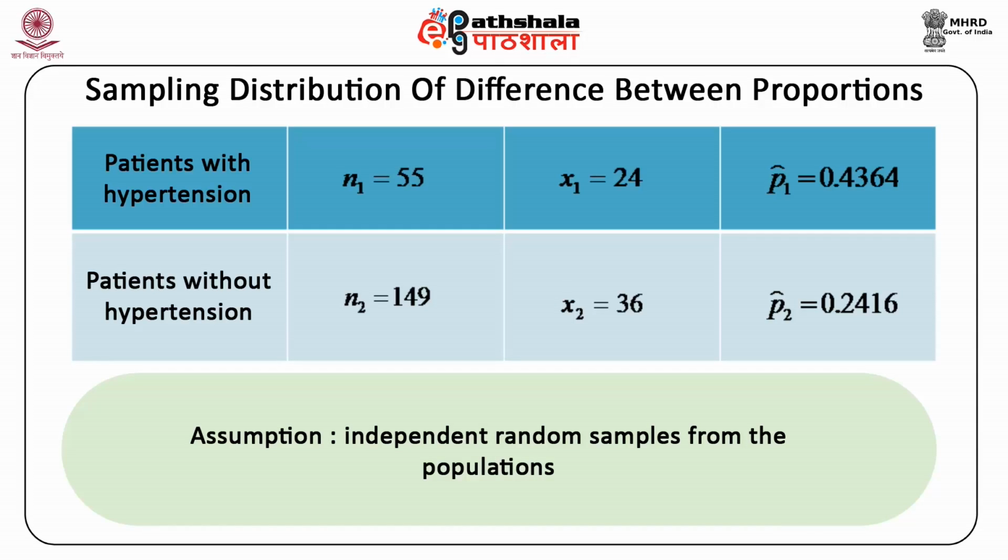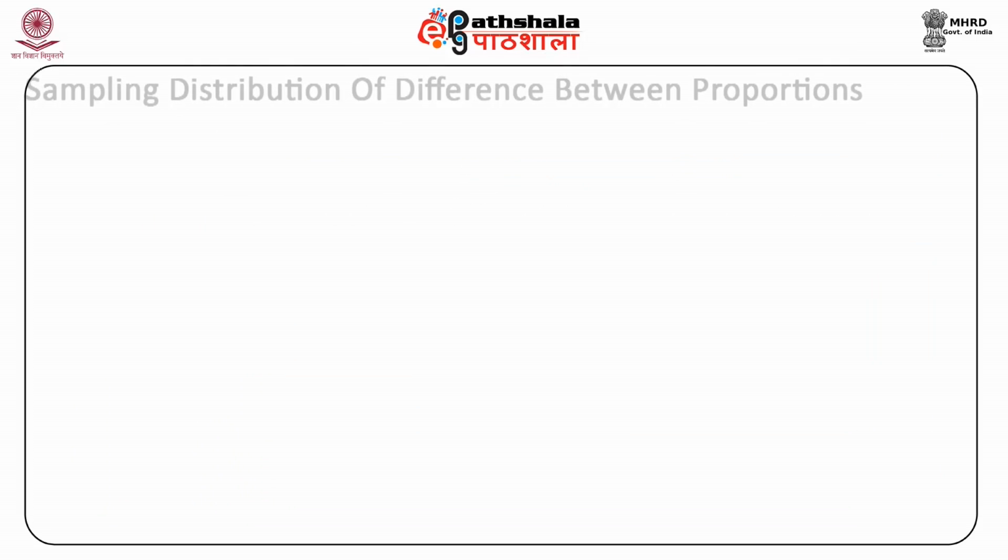The assumption on which it is based is that there are independent random samples from the populations.